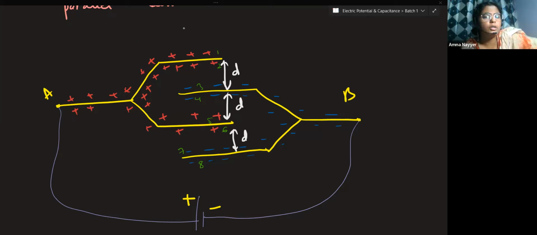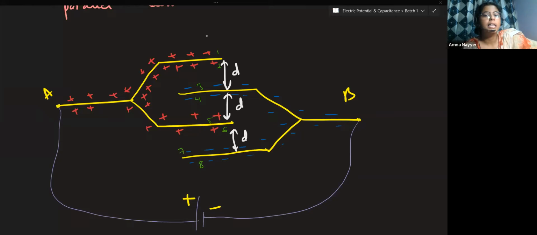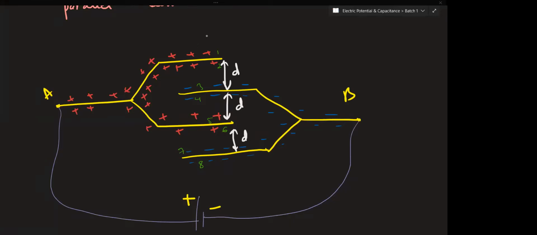Not Q by V. Q by V is the general formula for capacitance. Fahad, you are right. Any other one? Samia? Epsilon naught A by D. That is valid everywhere, but specifically for air, we have that. What Samia and Fahad are saying: epsilon naught A by D.